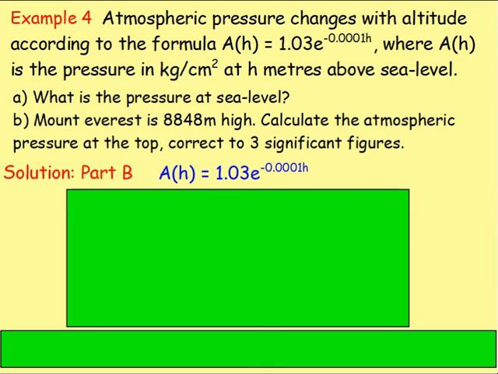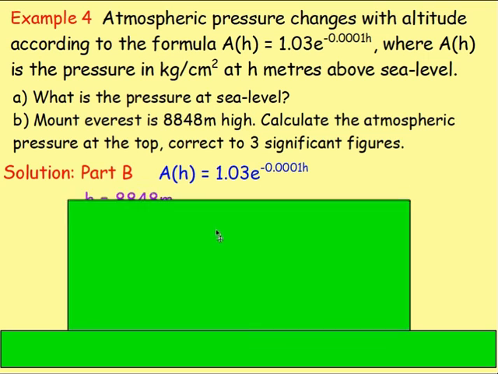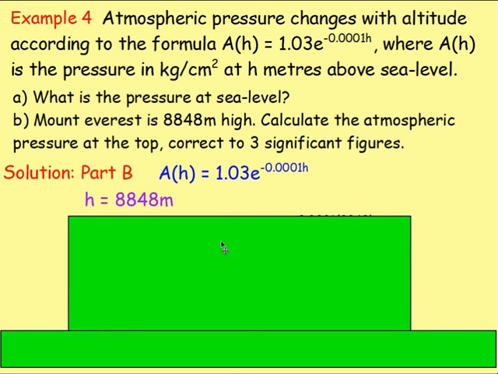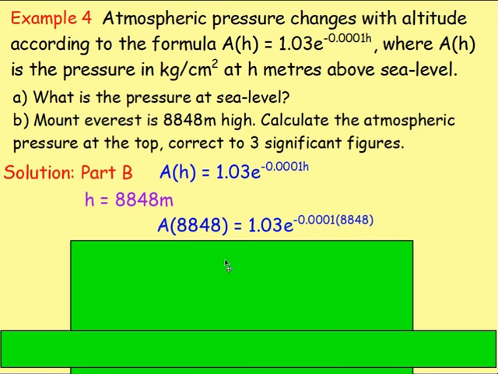Part B. Mount Everest is 8,848 metres high. Calculate the atmospheric pressure at the top, correct to 3 significant figures. For this one, it tells us the height, so we're replacing h with this number. We'd have A(8848) equals 1.03 e to the power of negative 0.0001 times 8,848.